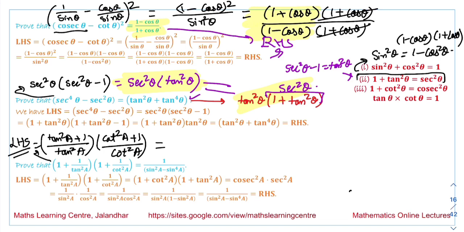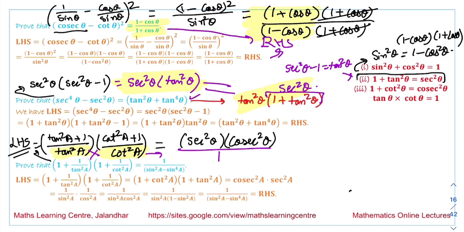Now tan square A plus 1 is equal to secant square theta, and cot square A plus 1 is equal to cosecant square theta. In the denominator we have tan square A into cot square A, and the product of these two values is equal to 1.